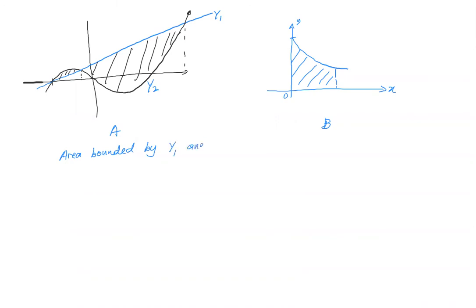So it doesn't involve any straight line. But for B, it does involve straight lines, so you see it has a boundary. When we talk about area bounded by two curves, what is the formula that we are supposed to use? Definite integration. Okay, I call this x1, x2, x3.